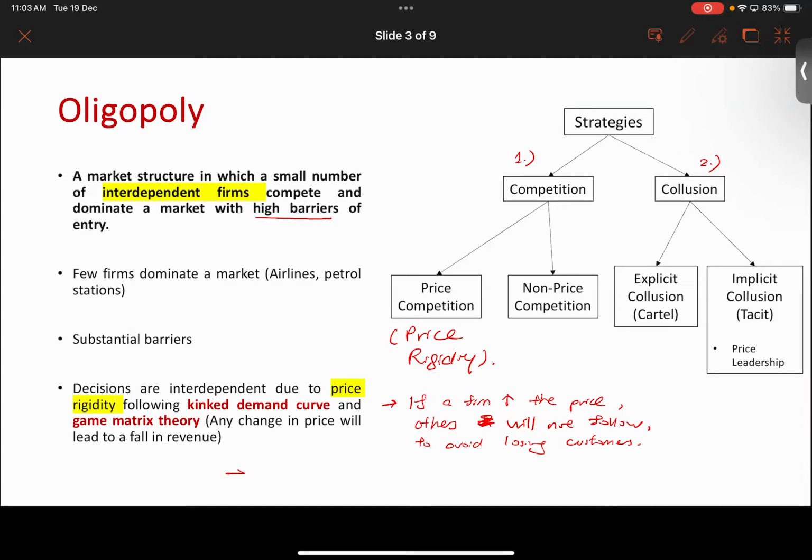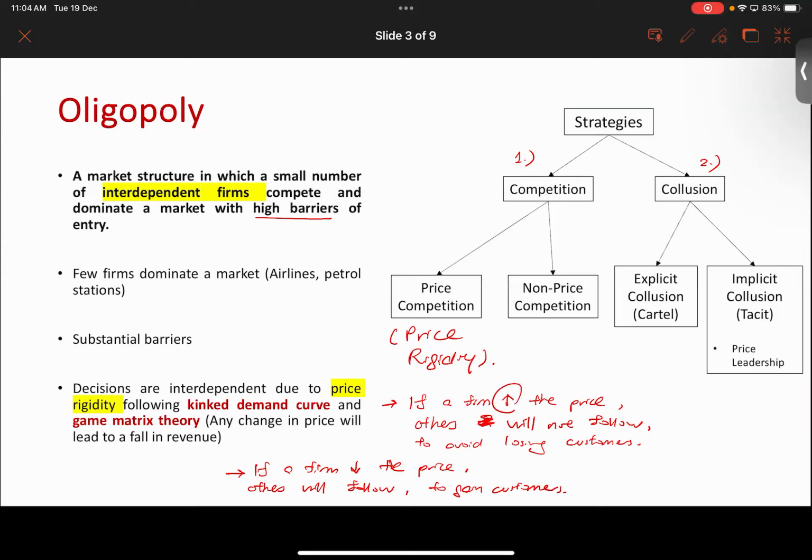Same thing here. If a firm reduces the price, others will follow. Why? Because they also want to gain customers. So we see that you cannot simply go and increase or decrease the prices.